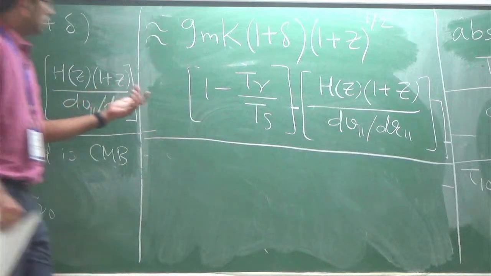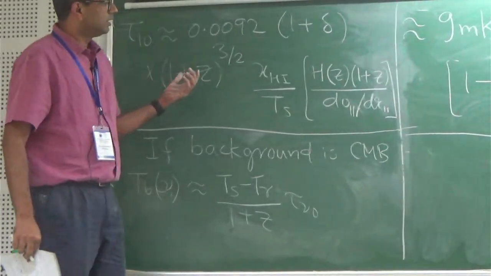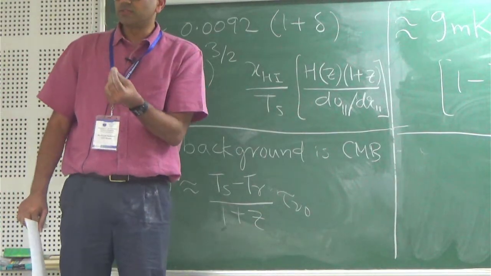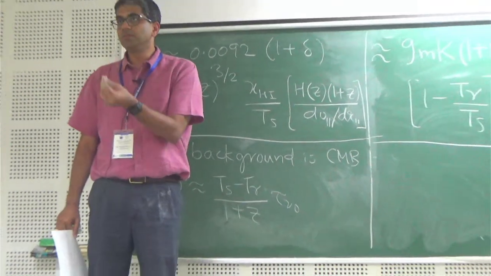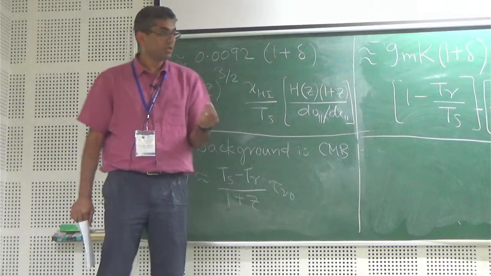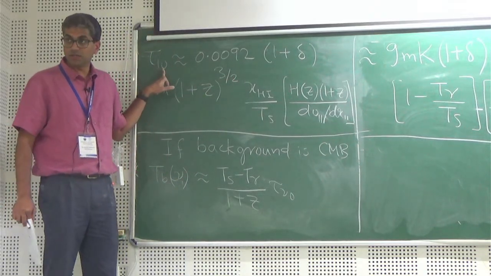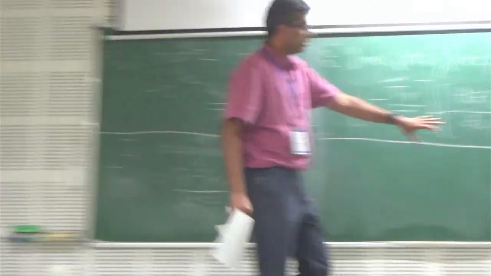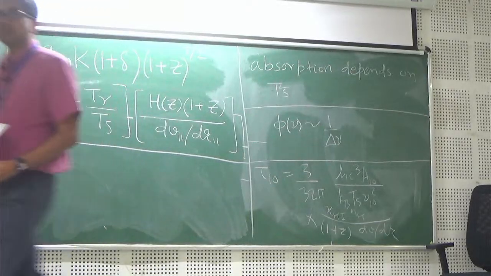So what we have essentially done is we started with the radiative transfer equation, which connected the observable, namely the brightness temperature, to the optical depth tau. We then wrote the expression for the optical depth by integrating over the absorption coefficient, which we wrote in terms of atomic physics.